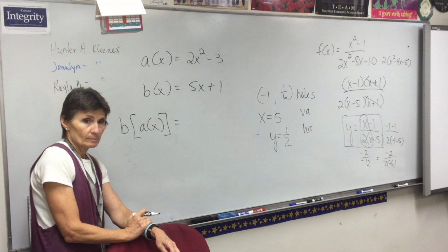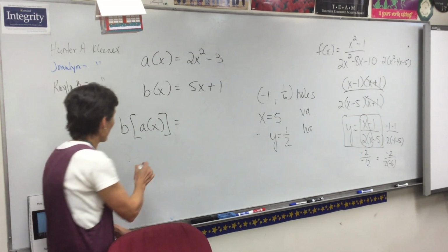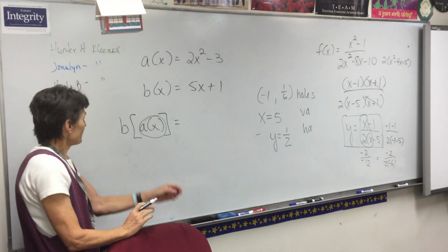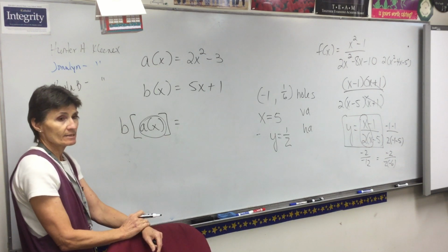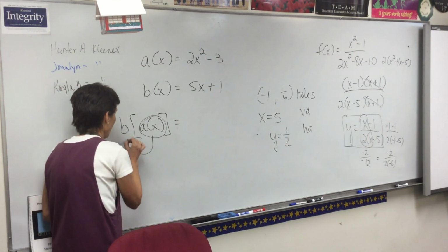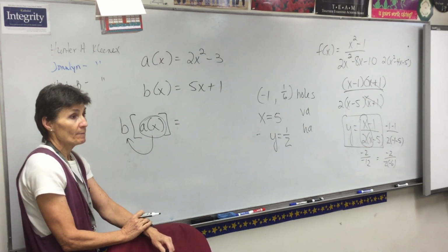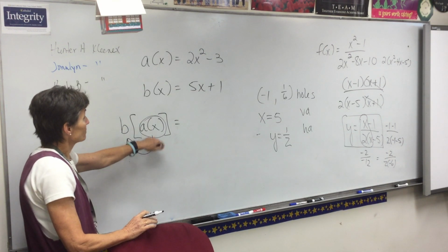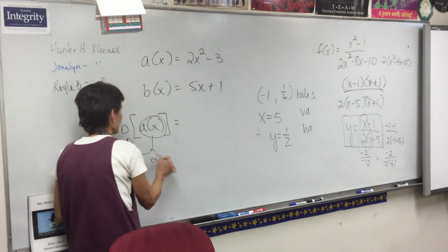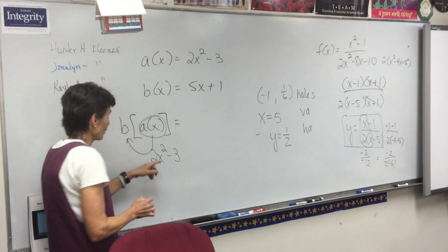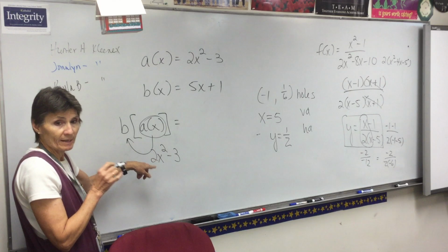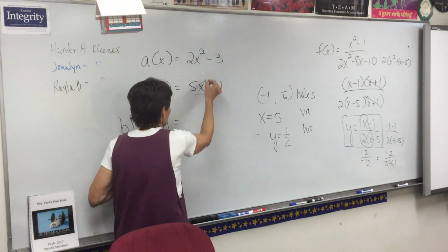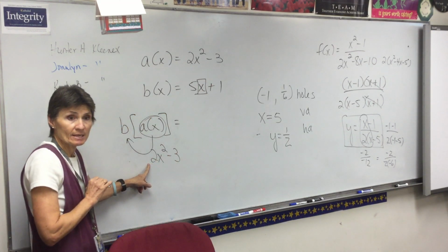Okay? So we start right here. We are going to figure out what a of x is, and then we're going to plug it into the b function, right? So what is a of x? 2x squared minus 3. So we're going to take that, 2x squared minus 3, and plug it into the b function in place of the x.